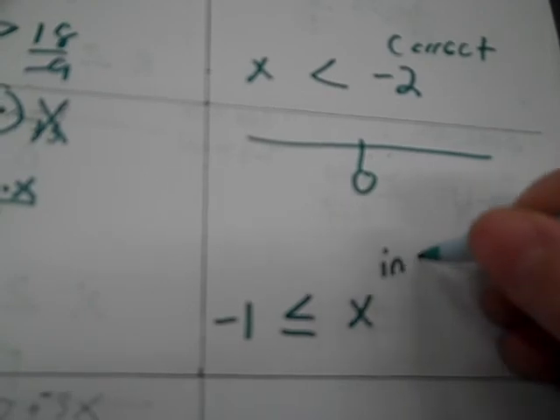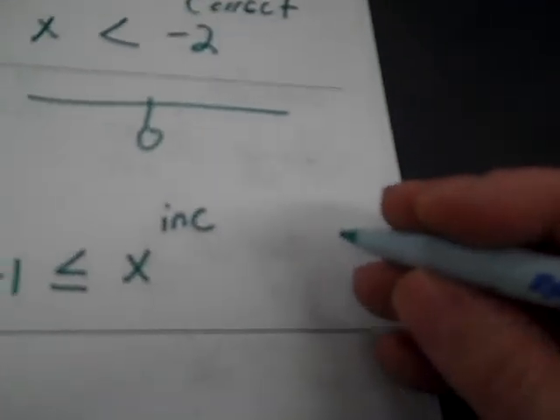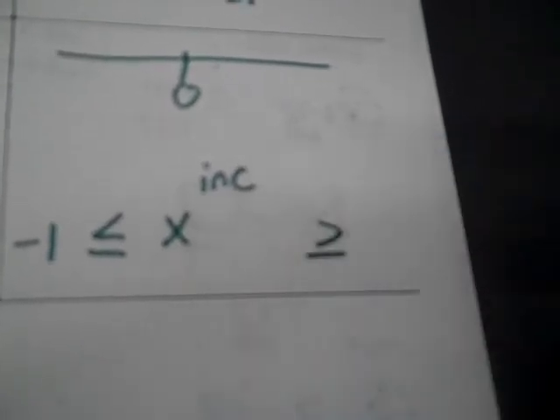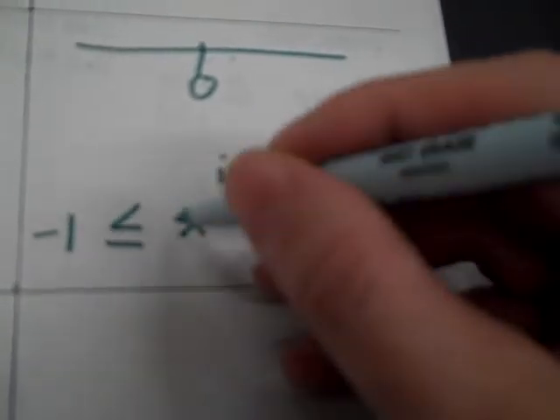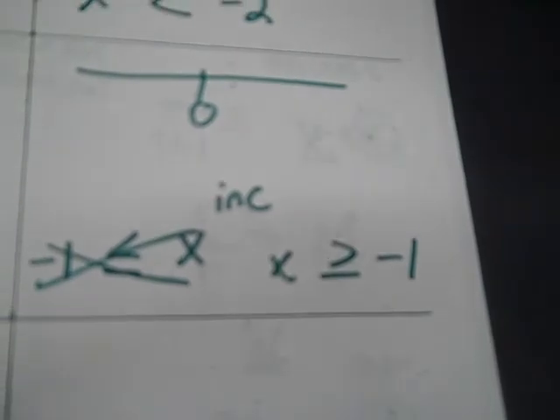Now here's the problem. That is incorrect. Okay, so you need to reorder that and put the x first and the negative 1, and that's what you're graphing. So negative 1, circle, could be equal, fill it in, greater than goes this way.